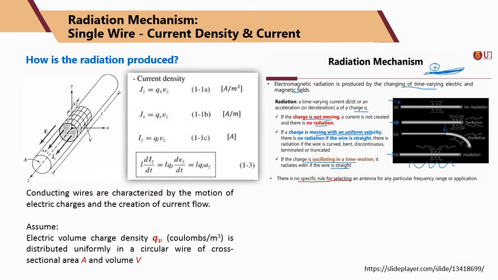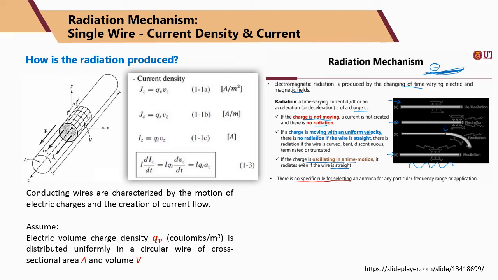Okay, let's recall the radiation mechanism, how radiation is created. We have discussed this in an earlier topic, in which we have current flow over a wire. When there's no movement of charge, the current is not created, therefore there's no radiation.